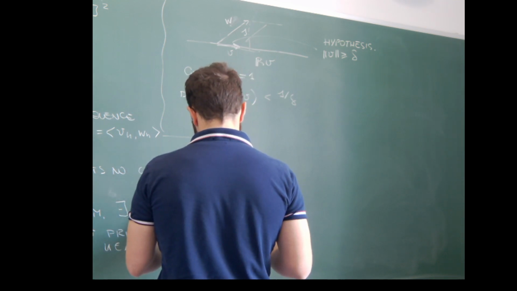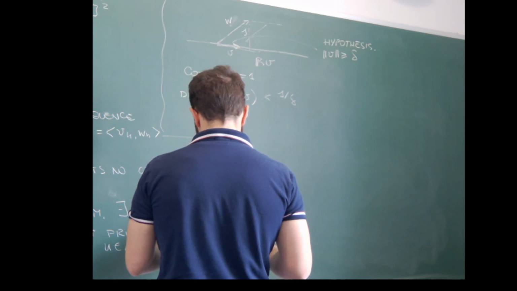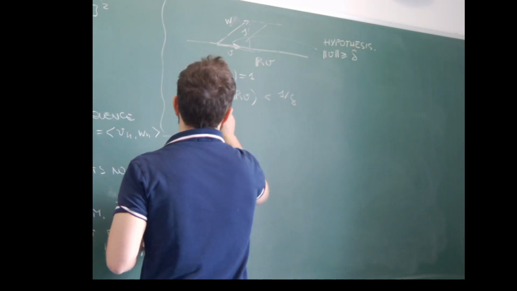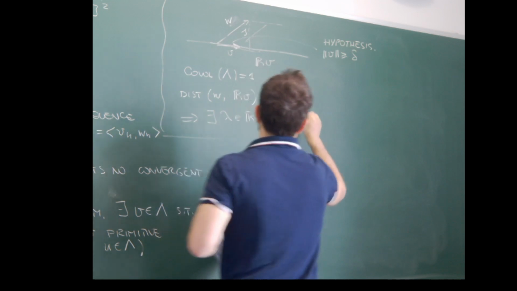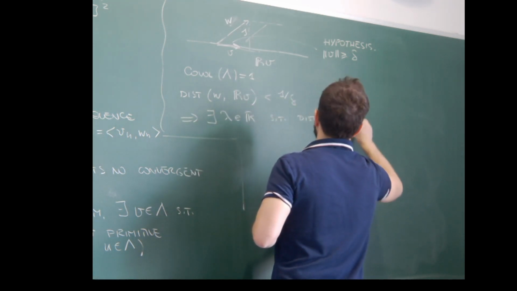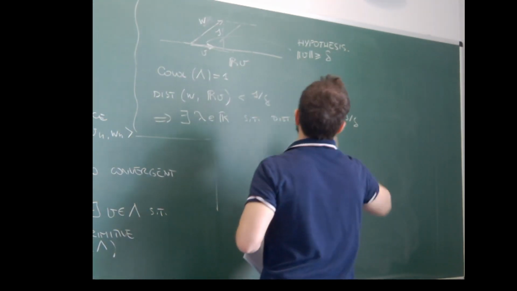Okay, so this means that there exists lambda in R such that the distance between w and lambda v is less than or equal to 1 over delta.